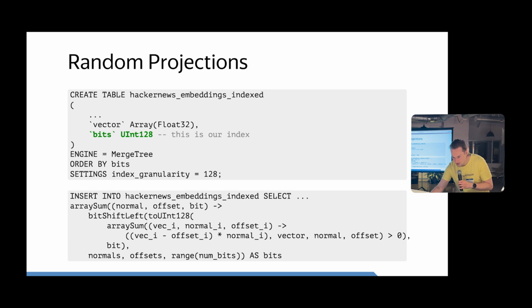Okay, and now we calculate this bit mask representation of our vector space. We will use just 128 bits, and it will be our vector index. And here we calculate this scalar product, and we pack it into the bits.